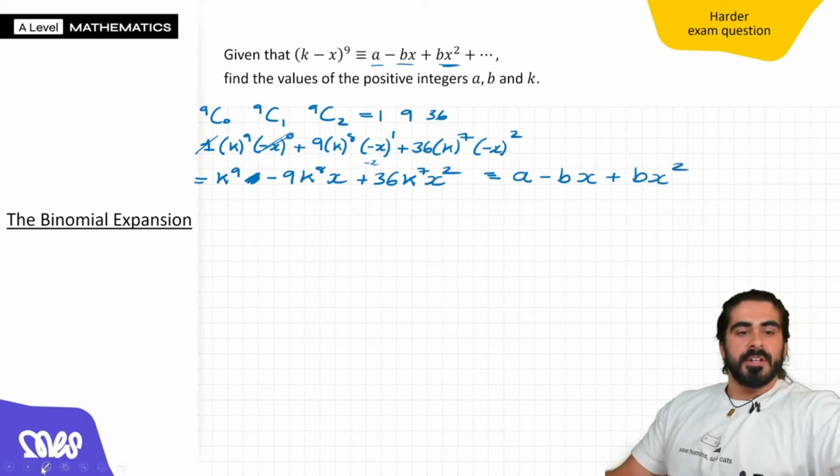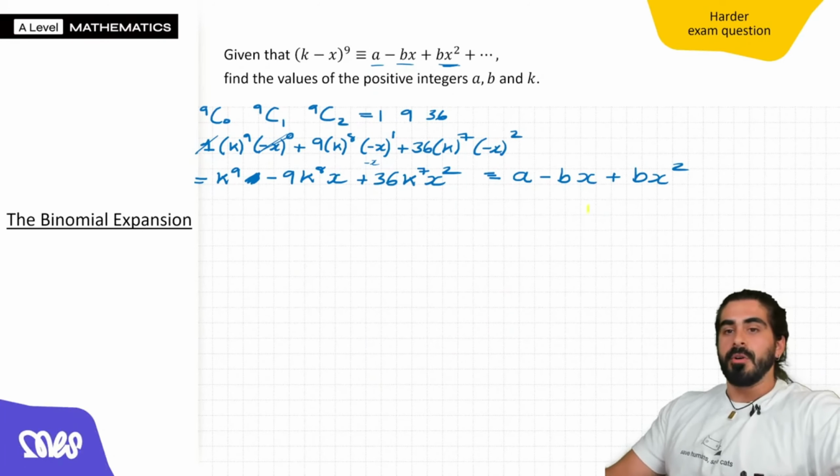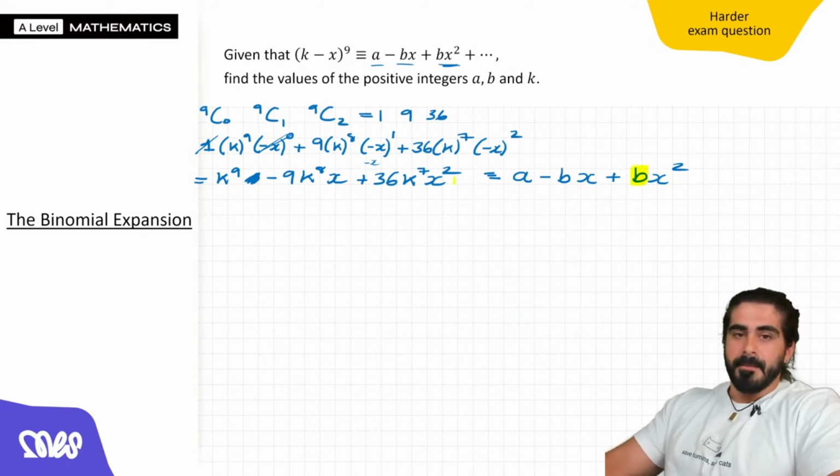Now what we're going to do next is something known as comparing coefficients. Meaning, the coefficient of x squared has to be the same on each side. Because we use the equivalence, equivalent is the mathematical term we would use more specifically. The coefficient of x squared on the right side is b. But what is on the left side?